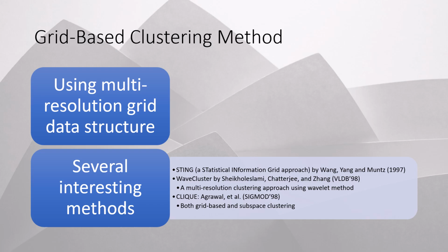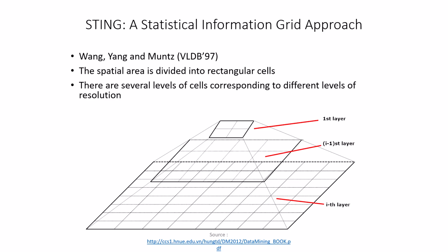Statistical information regarding the attributes in each grid cell, such as the mean, maximum, and minimum values, is pre-computed and stored as statistical parameters. These statistical parameters are useful for query processing and for other data analysis tasks. Shown on the screen is a hierarchical structure for STING clustering.